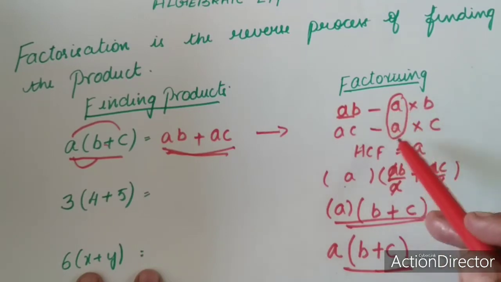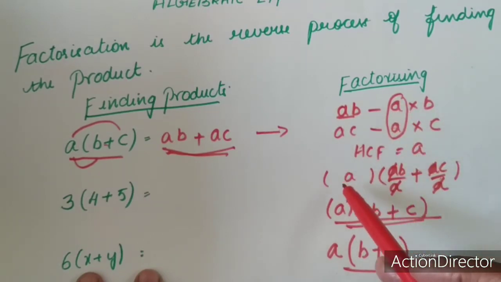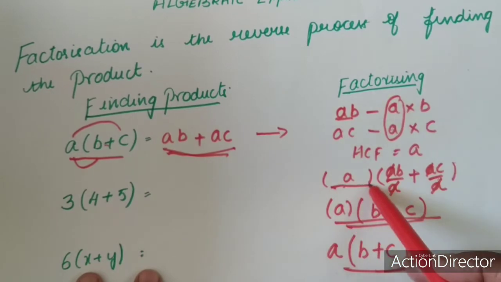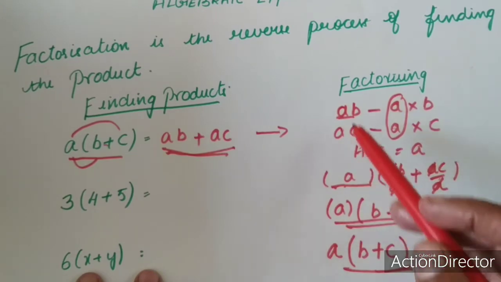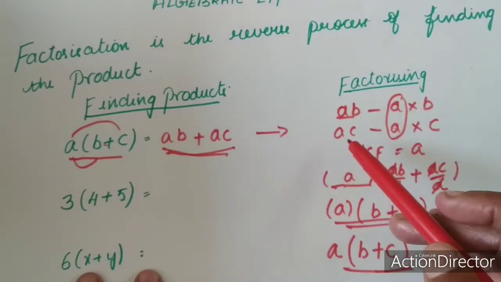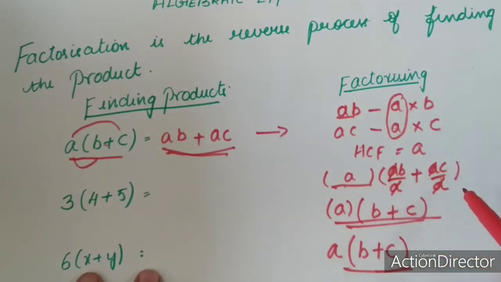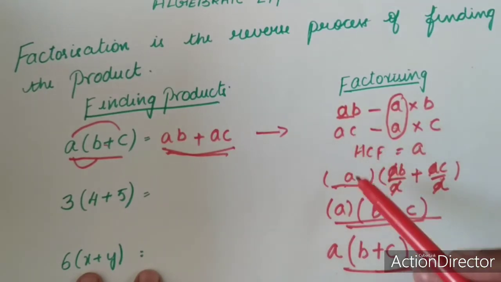You are able to see A is the highest common factor. So in the first bracket, I always write the highest common factor. In the second bracket, I always write each term divided by the HCF. This you should not forget. Always the second bracket is nothing but each term divided by the HCF.